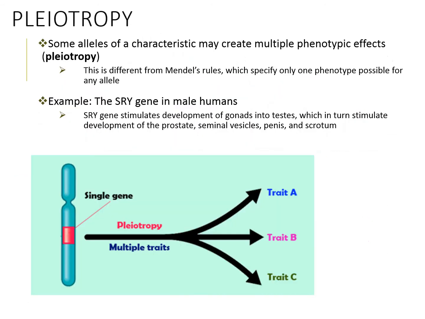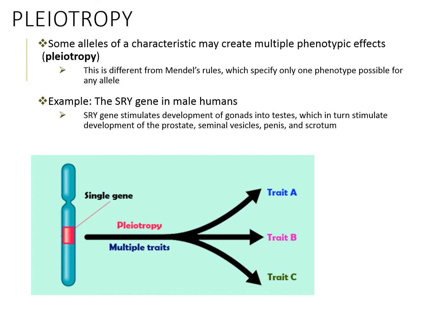Pleiotropy. Some alleles of a characteristic may create multiple phenotypic effects. That is pleiotropy. This is different from Mendel's rules, which specify only one phenotype is possible for any given allele. One example is the SRY gene in male humans, and the SRY gene stimulates development of gonads into testes, which in turn stimulate development of the prostate, seminal vesicles, penis, scrotum, basically male characteristics.